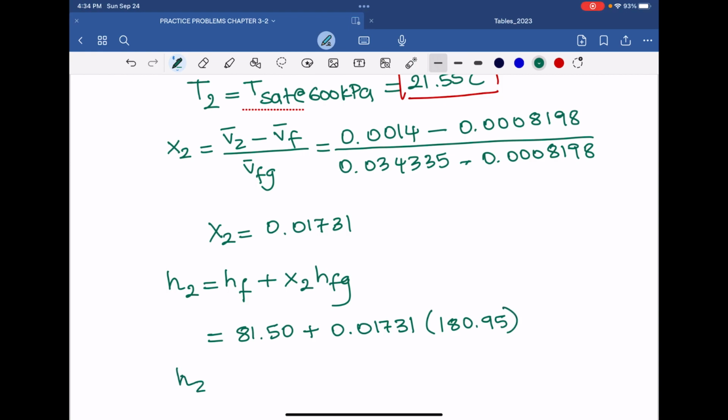And you should find specific enthalpy to be 84.464.